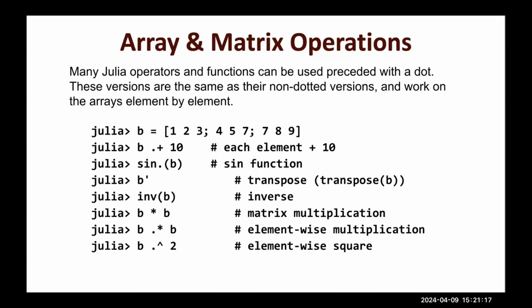You can apply the sine function to b, and because it's a dot operation, it will more or less create a mapping so that every element of this vector or matrix b is mapped to the corresponding function applied on that particular element. So you can get a whole matrix or array generated using this dot operation.